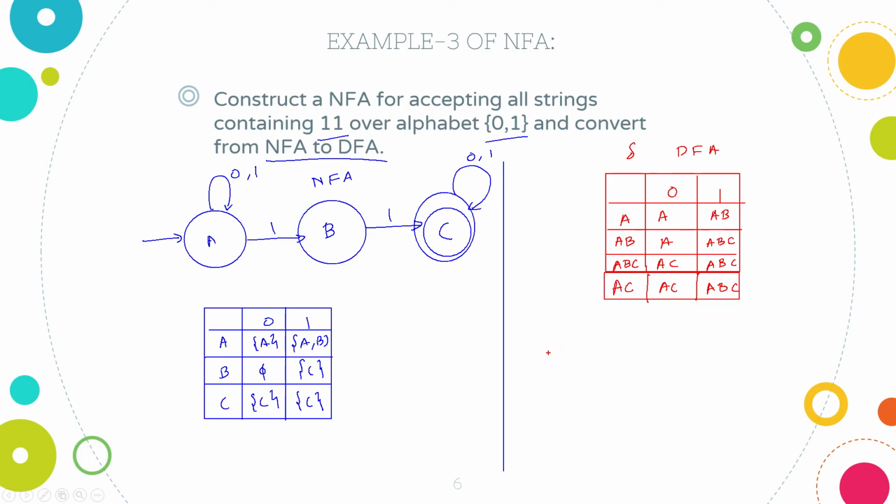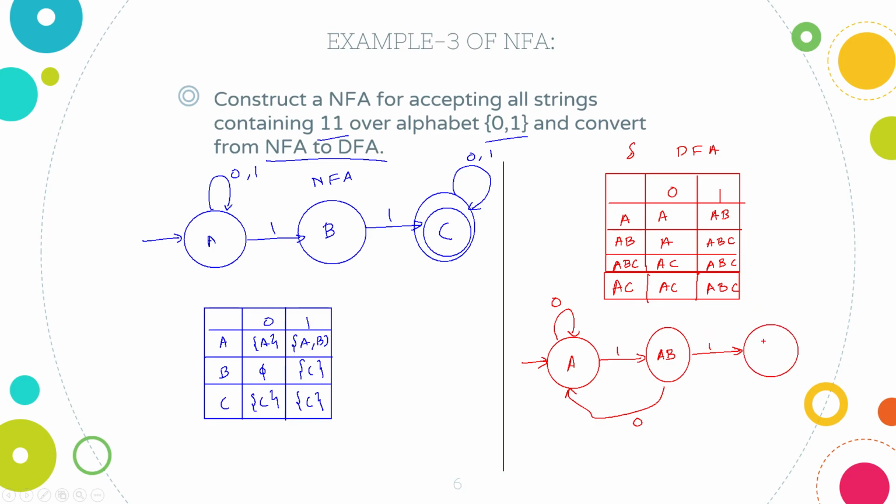So let's say you are in state A. Starting state is A. You get as input 0, you are still in state A. You get an input of 1, you go to state AB. Now in state AB, you get an input of 0, you go to state A, and you get an input of 1, you go to state ABC.